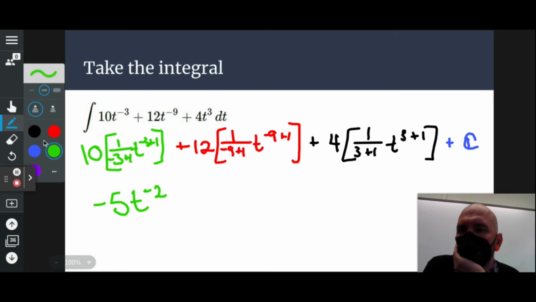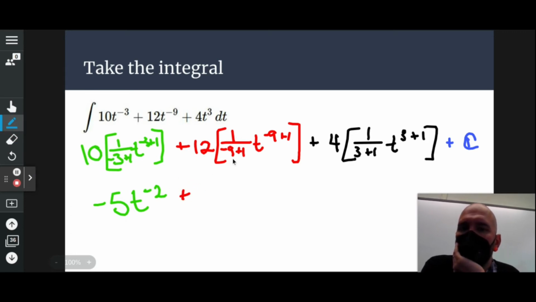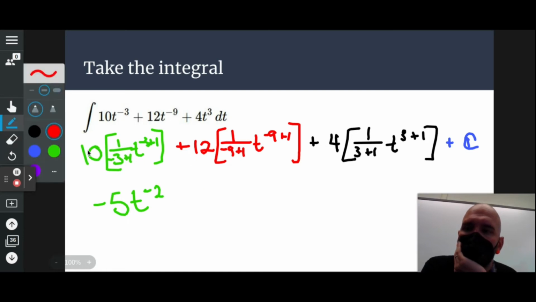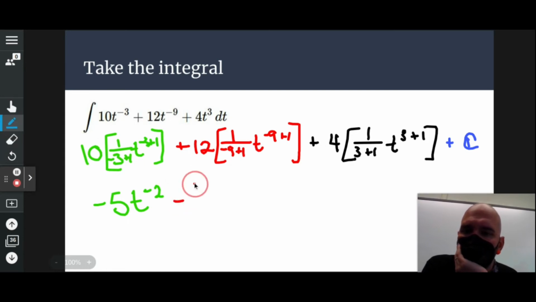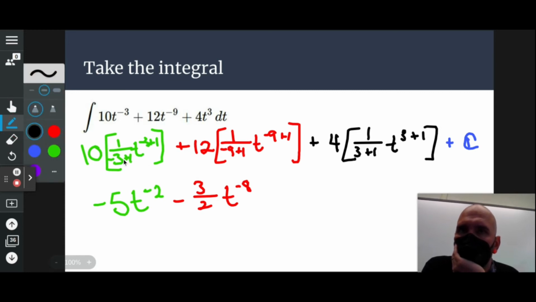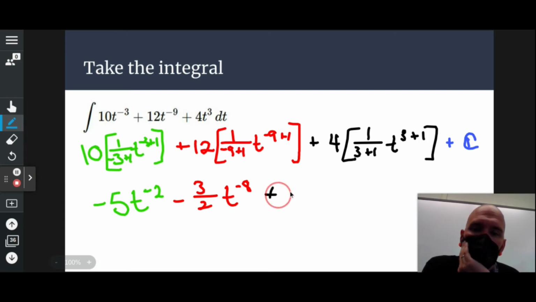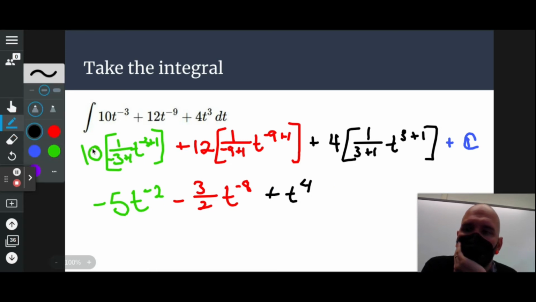Pretty simple. 12 times 1 over negative 8, which is minus 3 over 2, t to the negative 8. And then we've got 4 times a fourth. Oh, that's easy. 1. t to the fourth plus c.